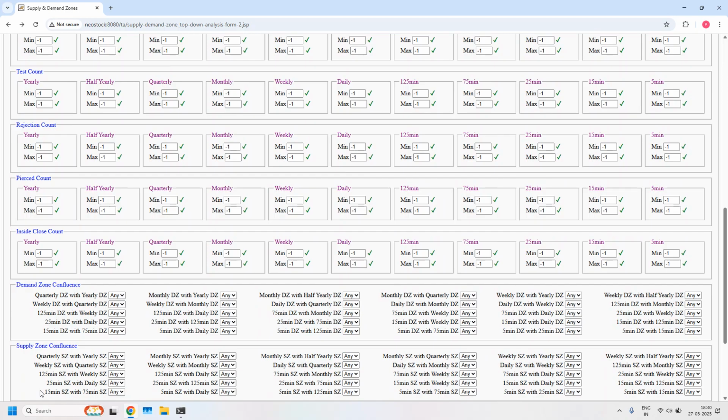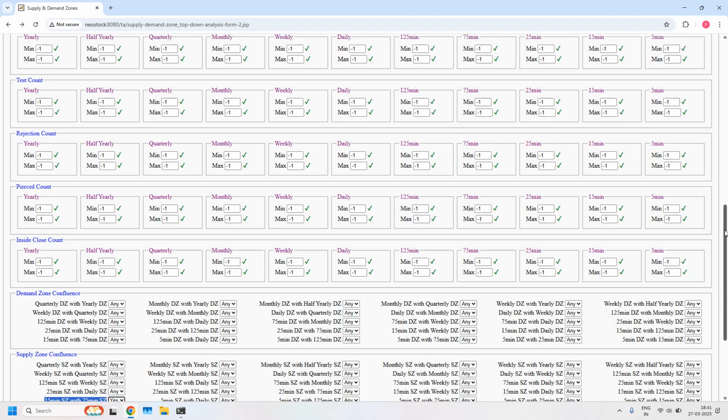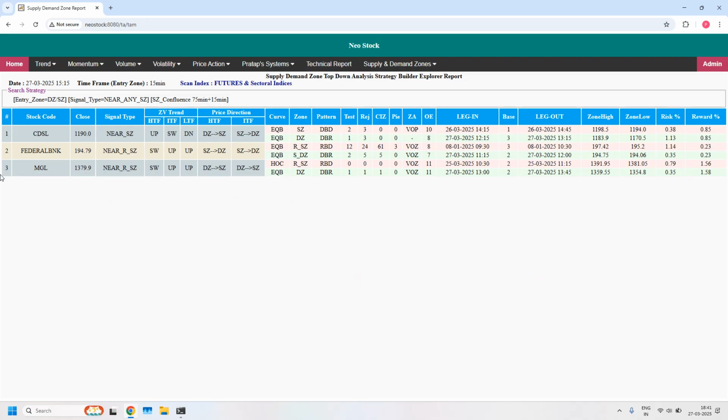That is 15 minutes supply zone with 75 minutes supply zone confluence. I enabled the filter. Filter is enabled. Now we got 3 stocks. The second one is a pierced zone. You can ignore it. Or you can look for any pierced zone strategies.